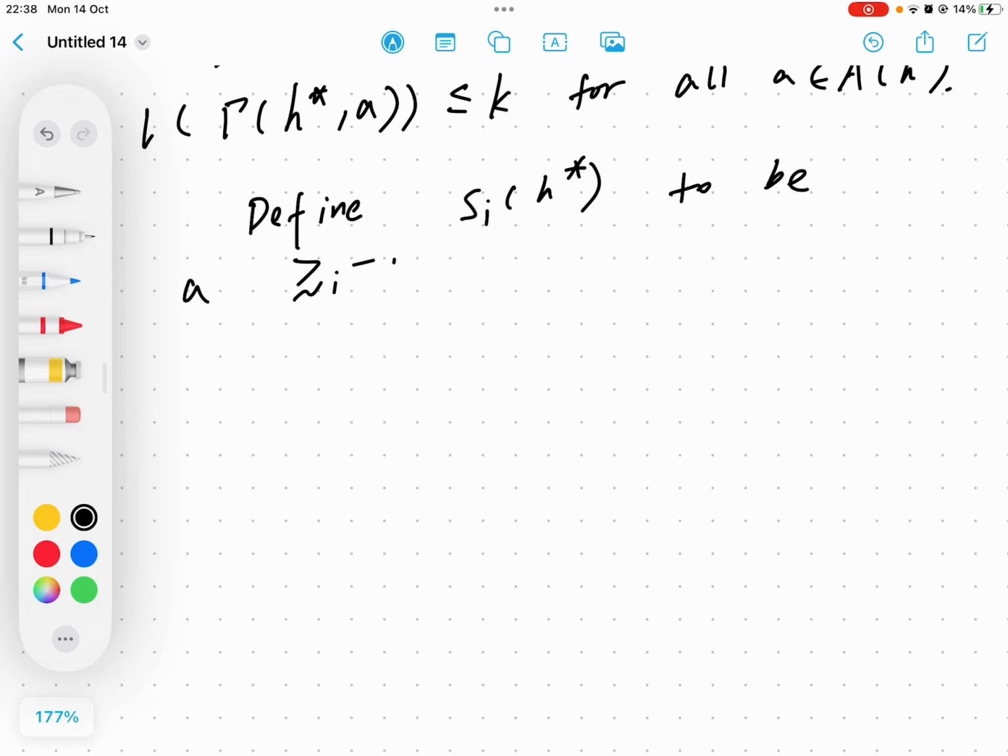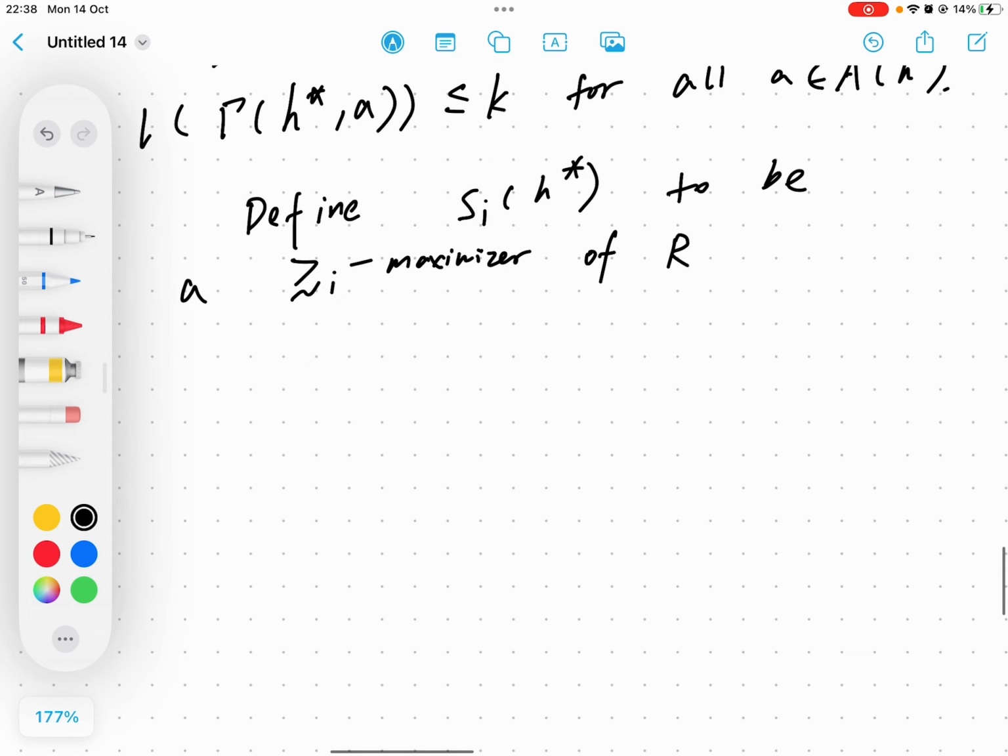This is kind of weird, but it essentially means that this strategy maximizes the player's payoff in the subgame R given H star and A, over the actions A in A(H star).